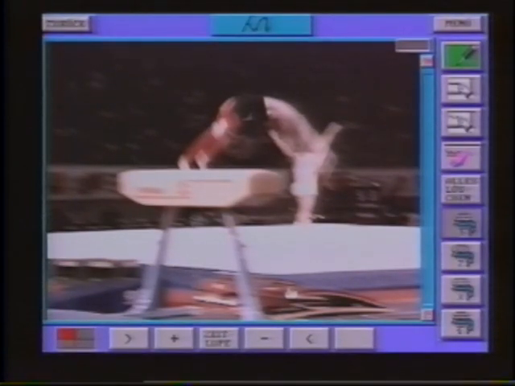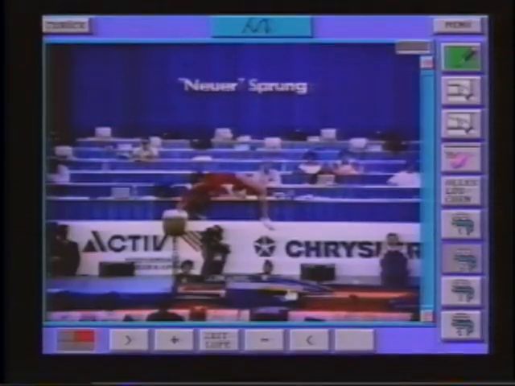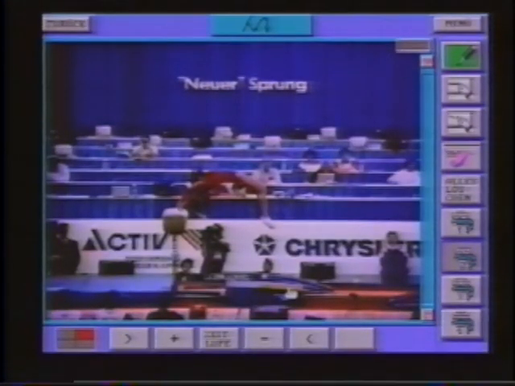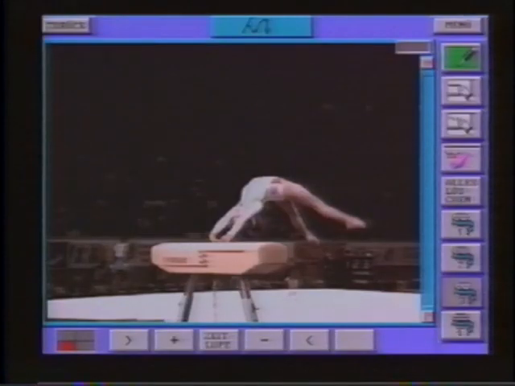Second example, flat entry phase, open body angle, form fault in the legs, minus 0.1 minimum. Third example, flat entry phase, open body angle, wide opened legs, minus 0.1 minimum.